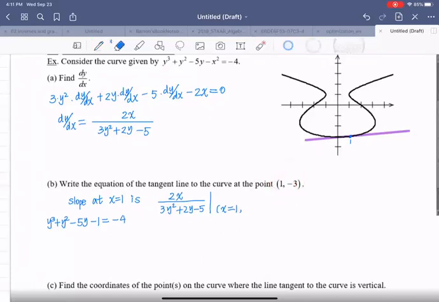They already give you this value, so we don't need to struggle. This point is given already, which is good. This equals 2 times 1 is 2, over 3 times -3 squared, which is 9, minus 2 times 3, which is 6, and then minus 5, right?